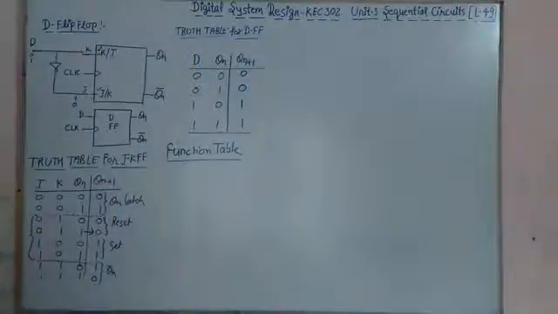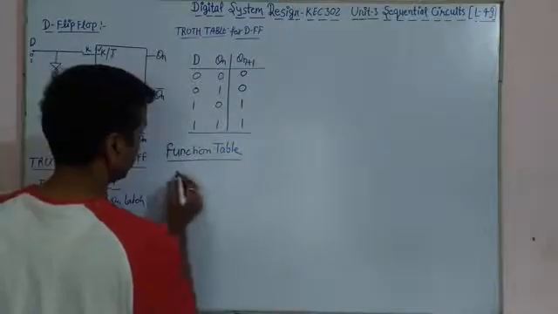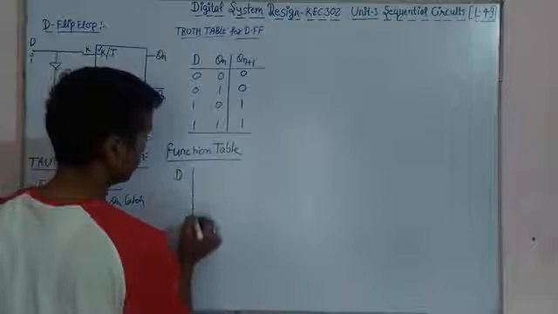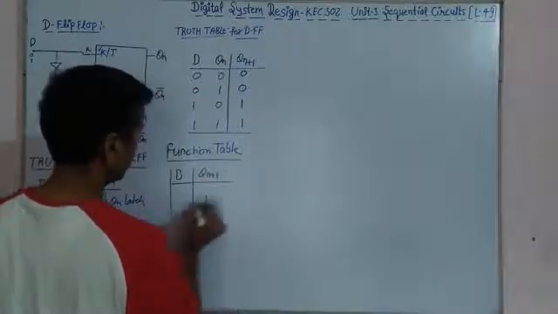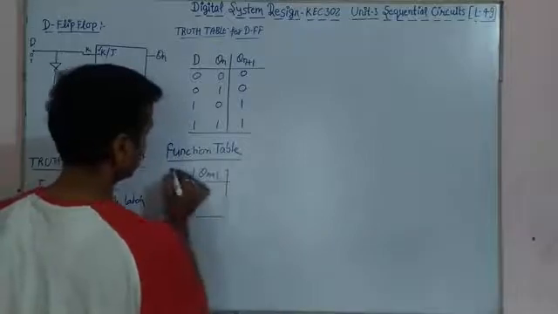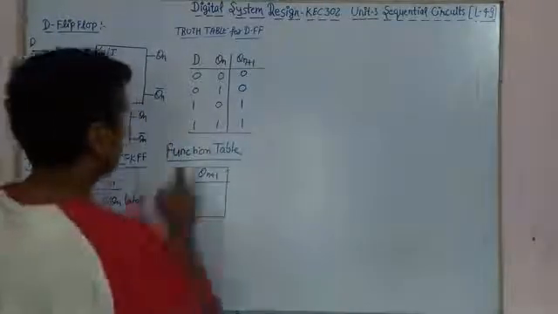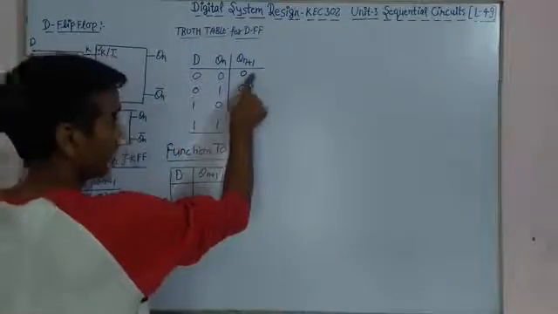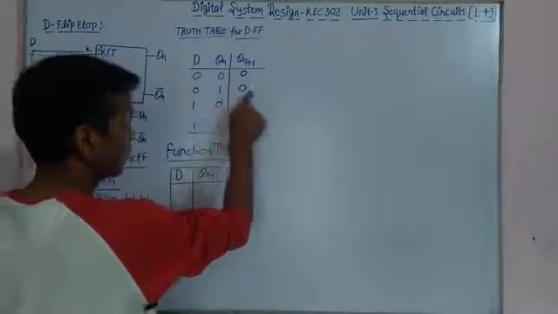Okay, so D and Q plus 1. What will you get? You can see here, if D is equal to 0, output you will have 0.